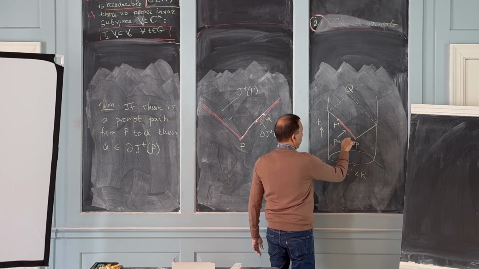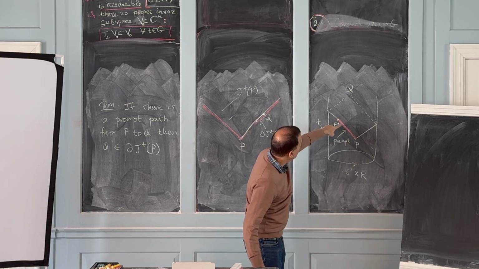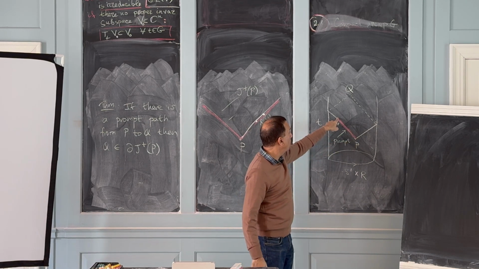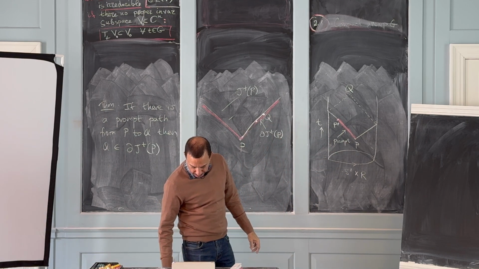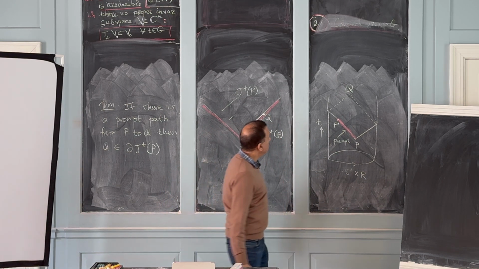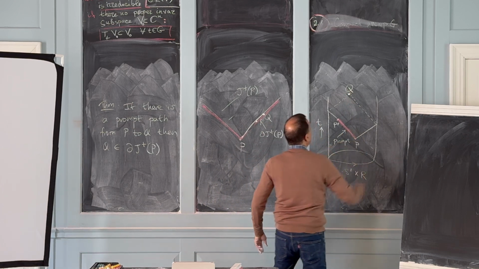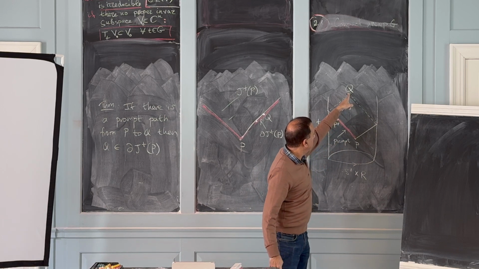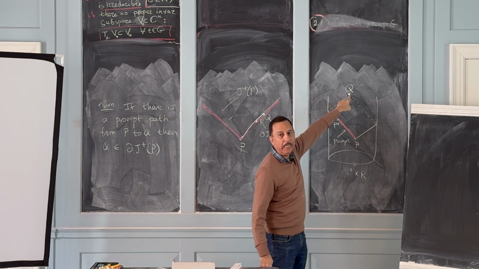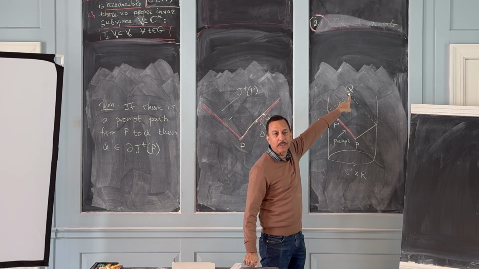And it satisfies everything. There's no point below it in the causal future of P, so there's no hope to get here faster. Good. However, we notice an interesting thing happens at Q. At Q, the null path from here to there and the one from here to there meet. So it's a focal point of null geodesics.